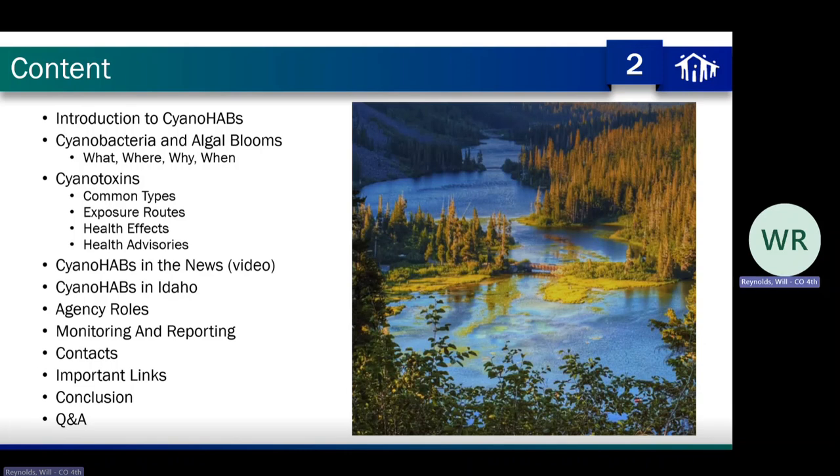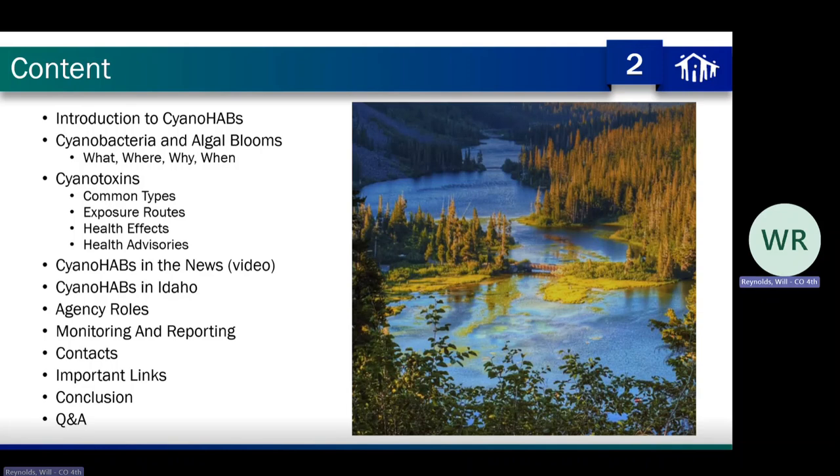We'll talk about the roles of different agencies in Idaho, including my own role at the Department of Health and Welfare, the role of the Department of Environmental Quality, both at the state office and at the regional offices around the state. Talk about the role of the public health districts, as well as some of our other partners, including Idaho Fish and Game, Idaho State Department of Agriculture, and a few others.